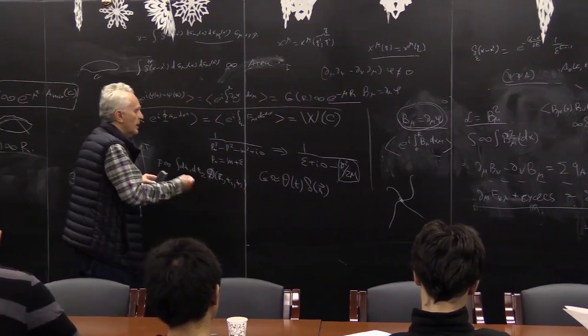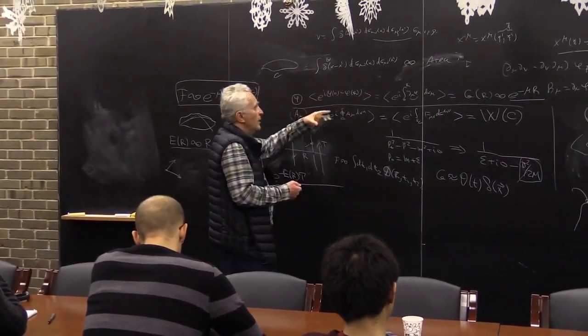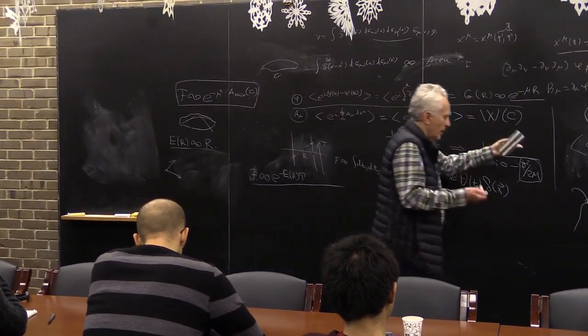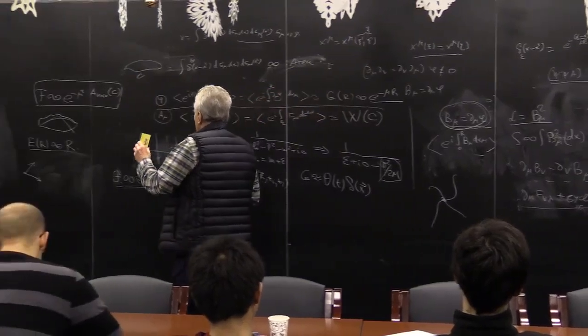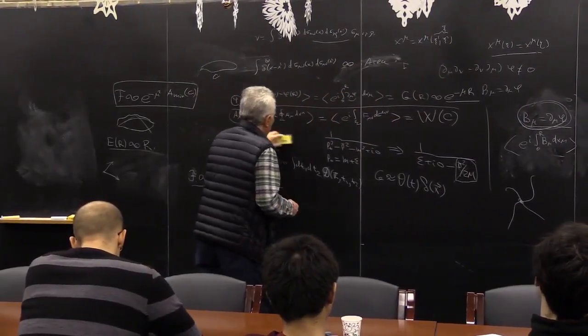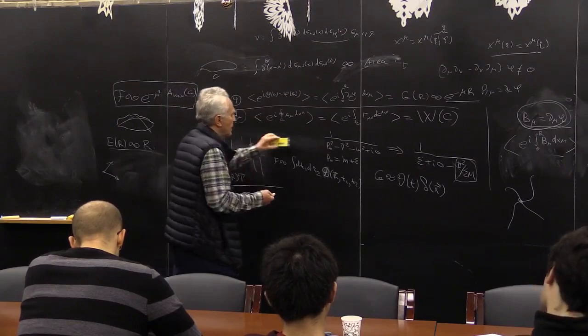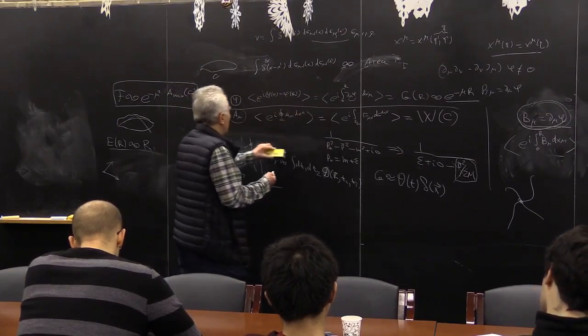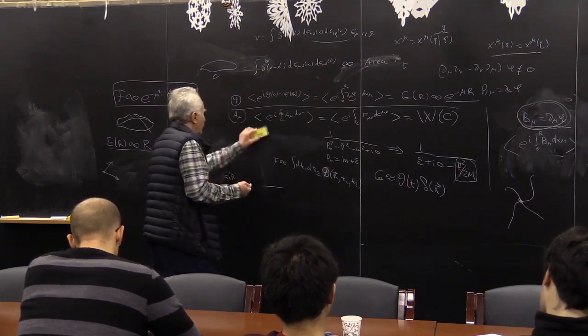It becomes exponentially localized. That's the general idea, and you can find detailed calculations in some books. I will simply quickly give you the idea of the calculation.